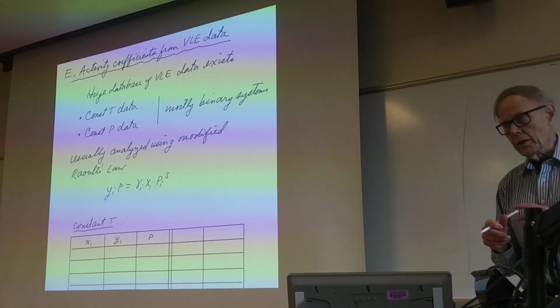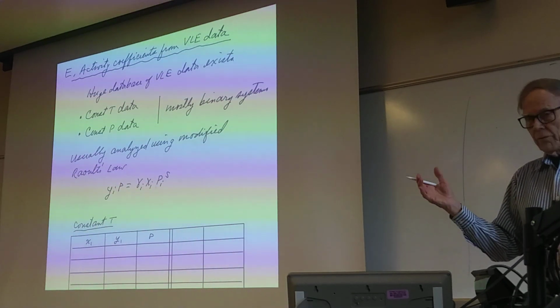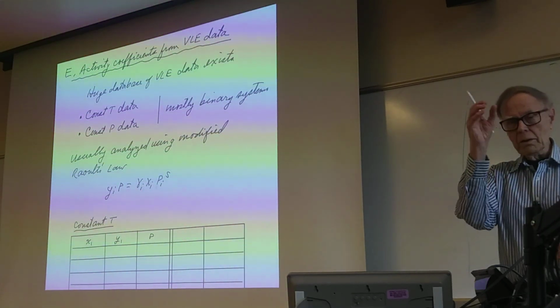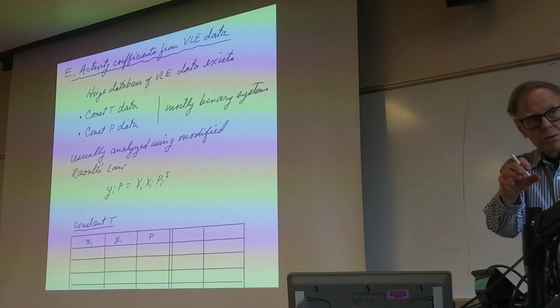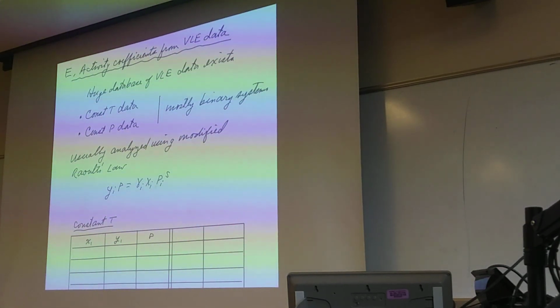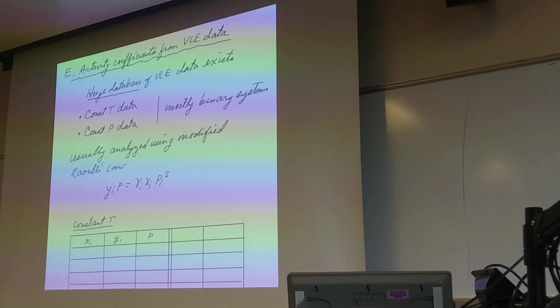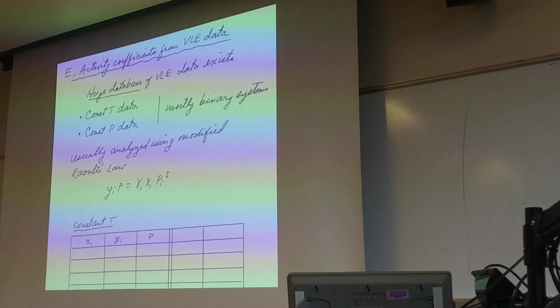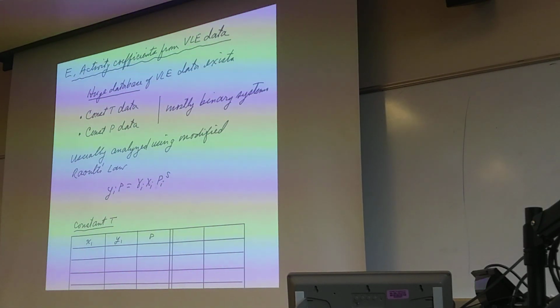We can calculate fugacities in gas phases, vapor phases. So once we've done that, we can look at what the liquid phase is, and at a given composition determine what the activity coefficient is. So that's the idea. Now there's a huge database for VLE data. And we find it all over the place, but you can find these, and they are of two kinds. There's a constant temperature database and constant pressure data, which are by far the more common.